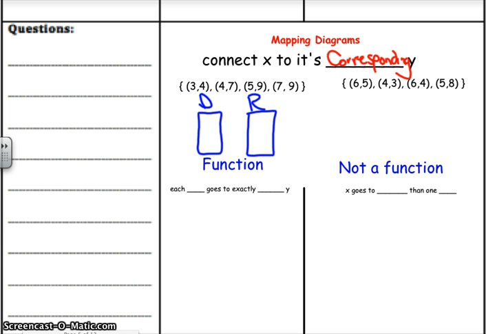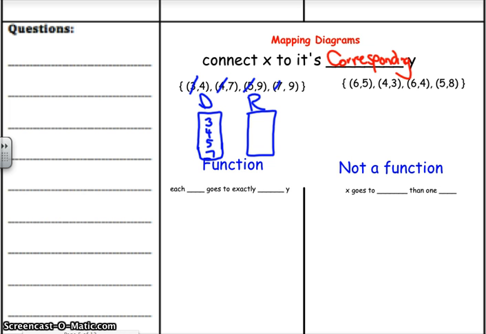Okay, so domain, x's. Of this first relationship, I have a 3, I have a 4, I have a 5, I have a 7. Those are my domains.